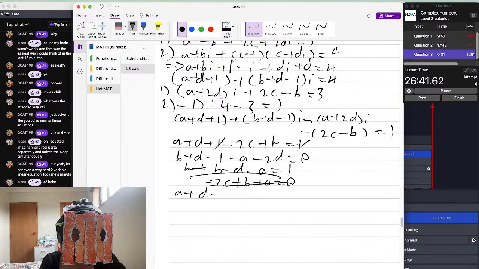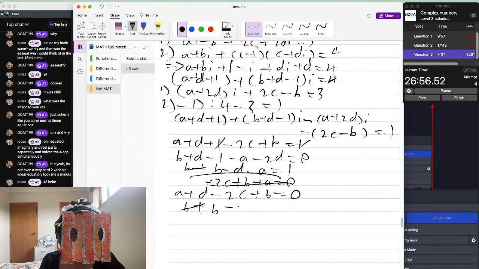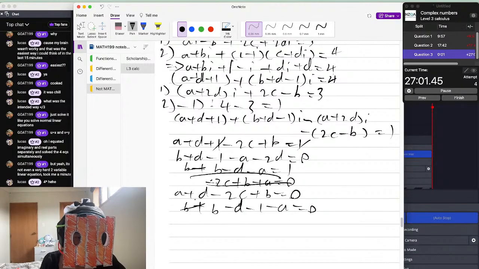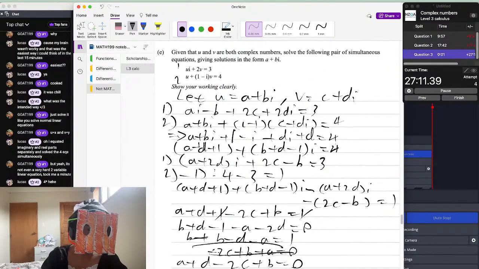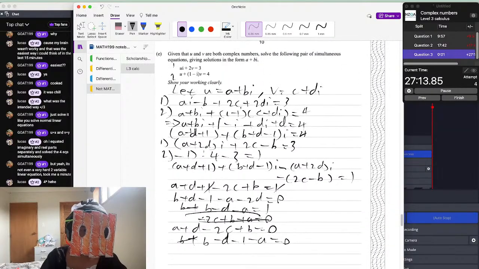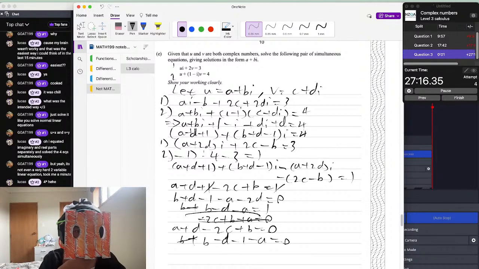A plus d minus 2c plus b equal to 0, as well as b minus d minus 1 minus a equal to 0. And is there any term matching? Yep, if you just get rid of all that. Yeah, I see where the problem is.